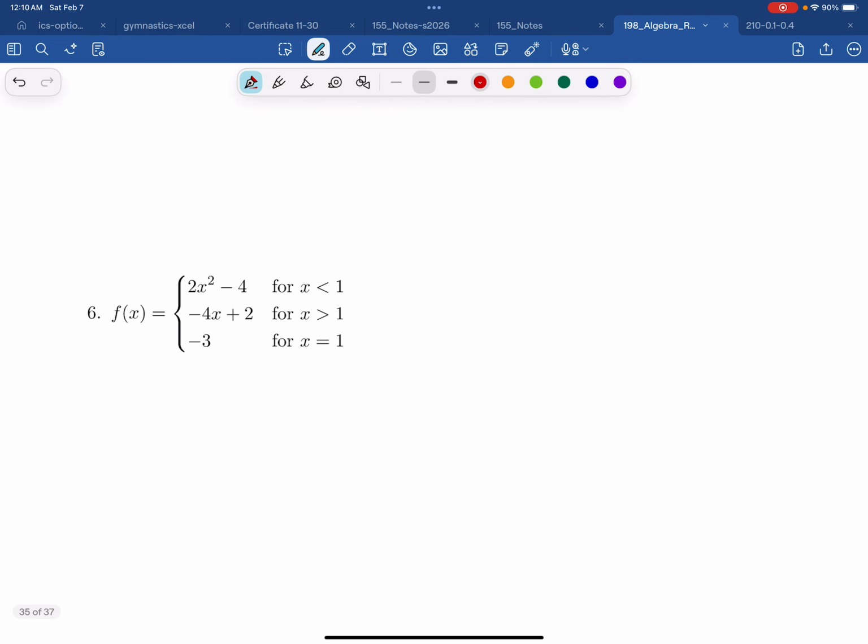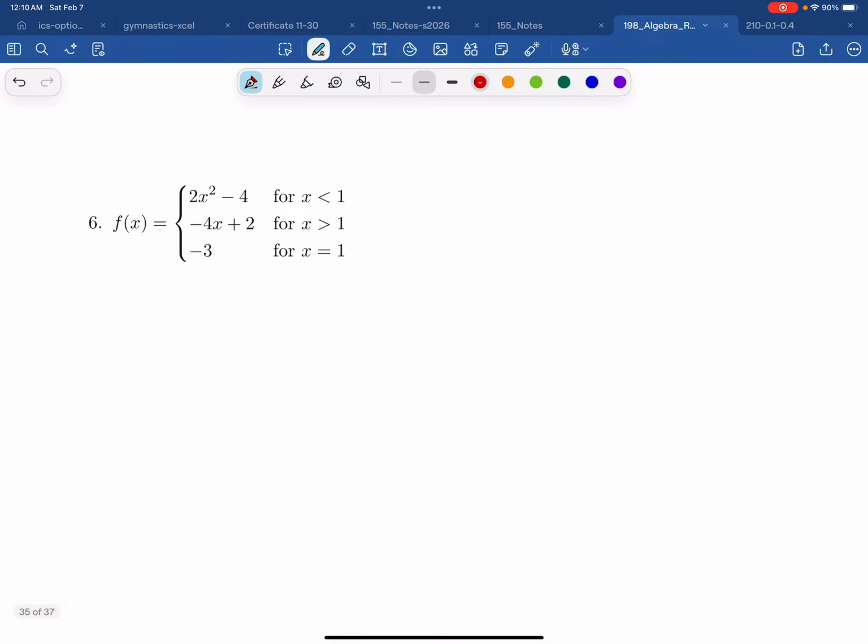And last but not least, let's take a look at this doubly piecewise function, right? We're interested in x equals 1. So first, let's see if the limit exists. The limit as x approaches 1 from the left of f of x is this guy, and it's going to equal negative 2. The limit as x approaches 1 from the right of f of x equals this guy, which equals negative 2. Okay. You might think, oh, f is continuous at x equals 1, right?